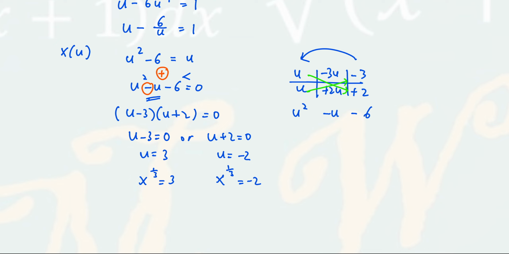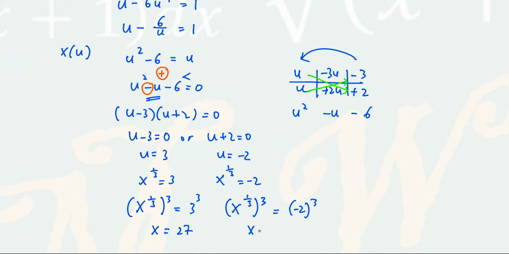Now, again, use the same concept. To get x to the power 1, I will eliminate the power 1/3 by cubing. That means you cube x^(1/3). Therefore, this is going to be 3 cubed, and the other one is the cube of −2. So the left hand side is x, and the right hand side, just calculate. 3 to the power 3 is 27.